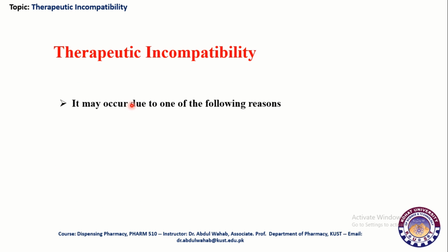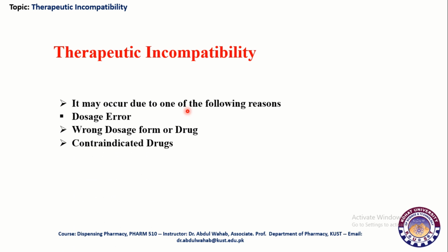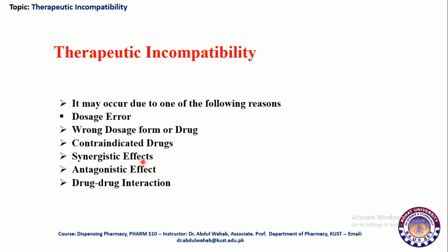It may occur due to one of the following reasons: dosage error, wrong dosage form or drug, contraindicated drugs, synergistic effects, antagonistic effects, drug-drug interactions, and drug-food interactions. First of all, we are going to discuss the dosage error.